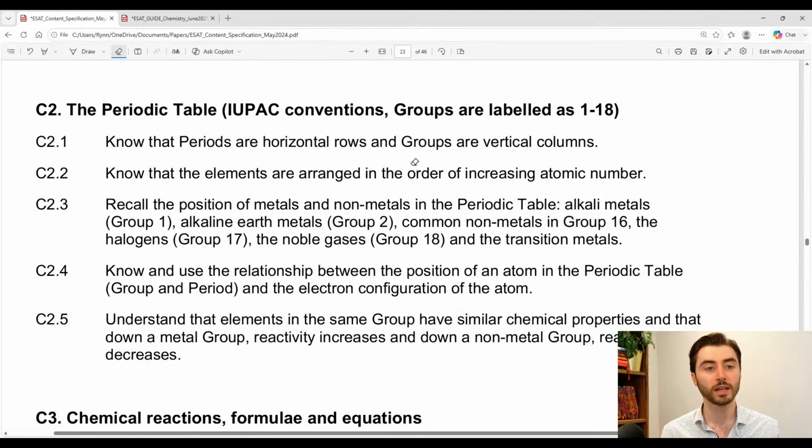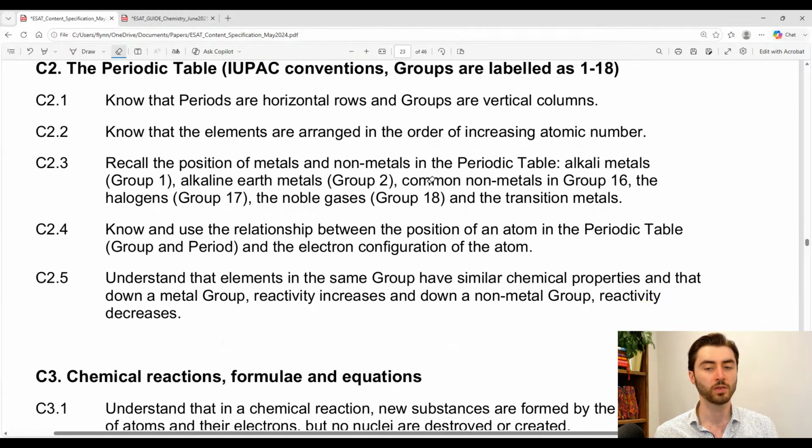Alrighty then, going into the periodic table. We have already got ahead of this curve. The periods are the rows, which tell you the number of occupied electron shells. The groups are the vertical columns, which tell you the number of electrons in the outer shell. They're ordered in increasing atomic number. We know this.